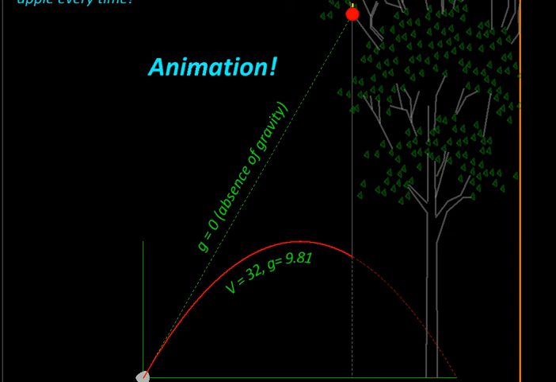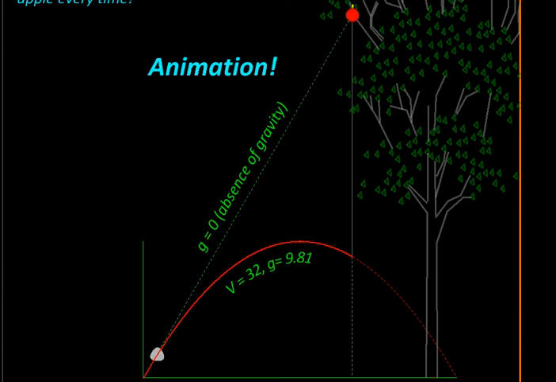Now, why does that happen and what does it mean? To understand that, let us go back to this zero gravity case where the stone went straight for the apple, hovering weightless in midair, and hit it. The only difference the stone's velocity would make is to hit the apple sooner or later, but it will hit it for sure.